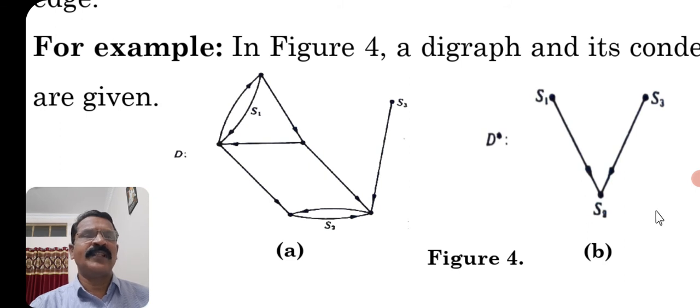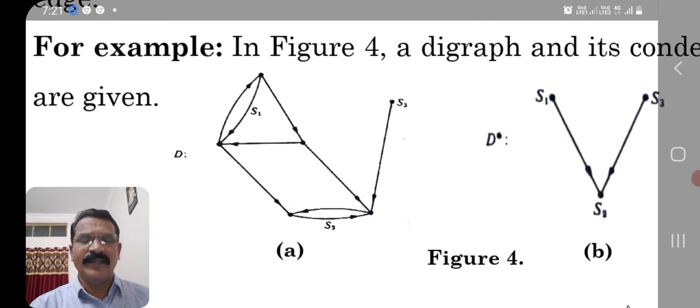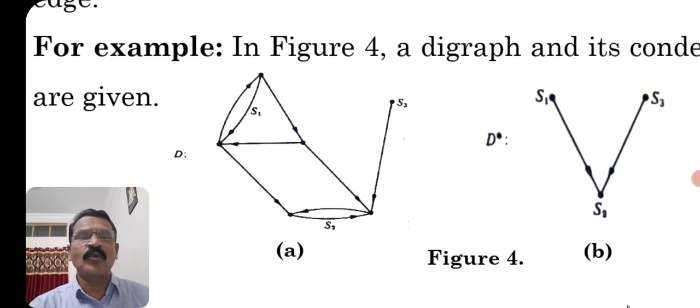These are the three vertices corresponding to those strong components, and two vertices are joined if there is an arc between those two sets, then those two will be adjacent. So this is one example to clarify the concept of the condensation of a digraph.